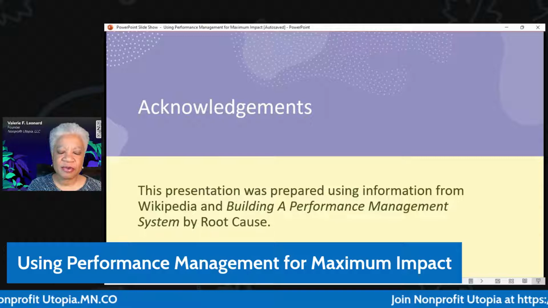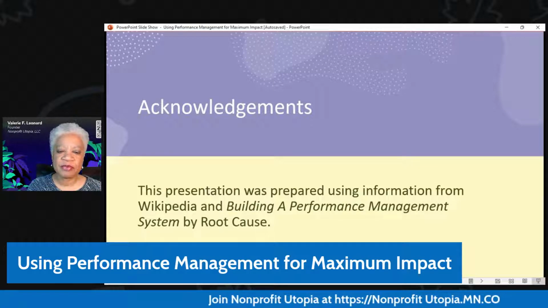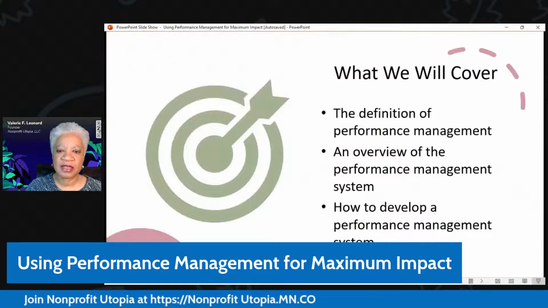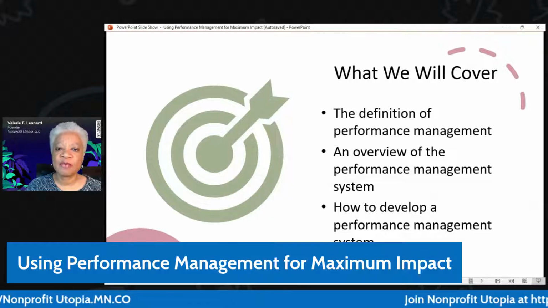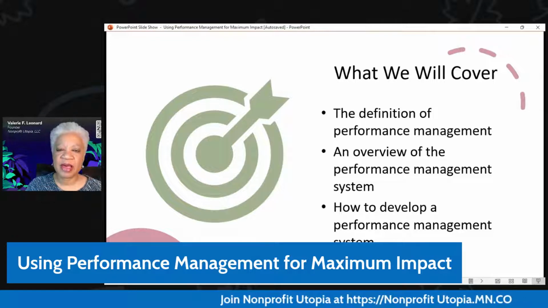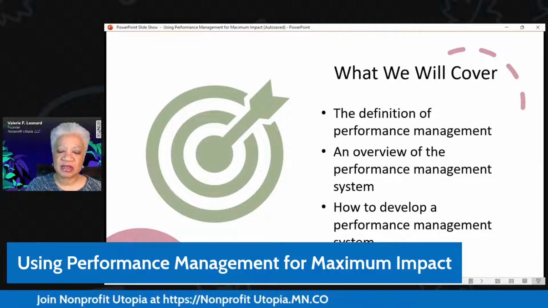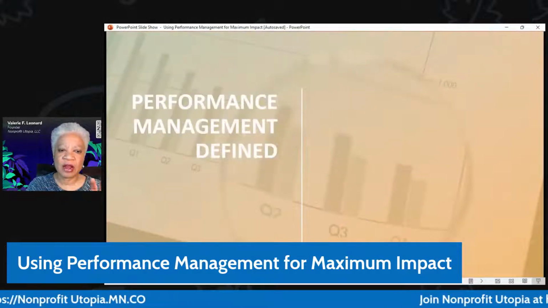I got this information from Wikipedia and also a book, Building Performance Management System by Root Cause. All right, so today we're going to focus on the definition of performance management, talk about what it is, and then we'll talk about how you can build a performance management system. So, first, we'll tell you what it is, and then we will show you how to do it at home.